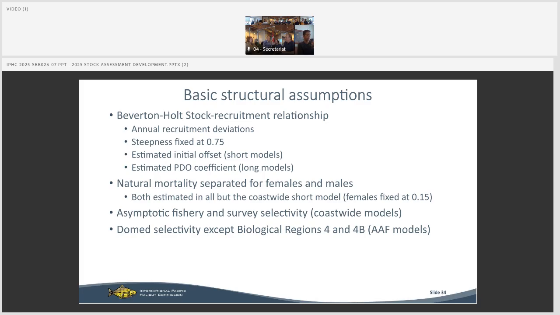Have not. I guess I have some reservations about the degree of autocorrelation observed in recruitment, because I can think of a bunch of different observation processes that would also lead to autocorrelation in estimated recruitment. Length data, aging error, all these things.